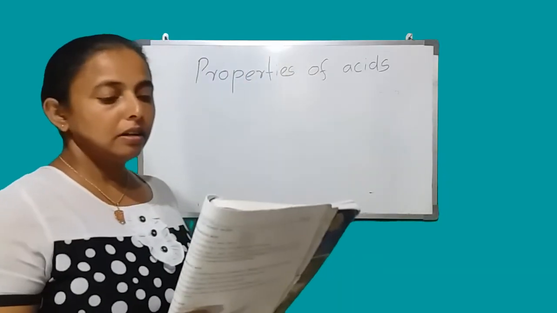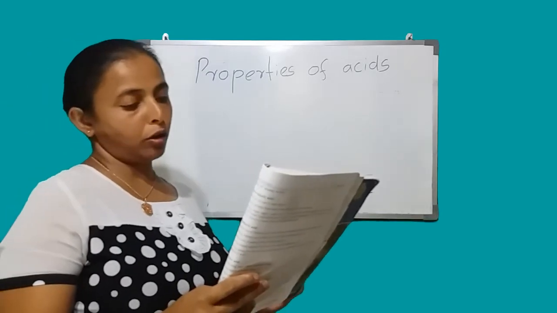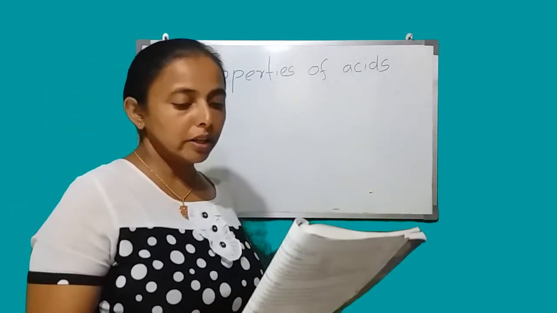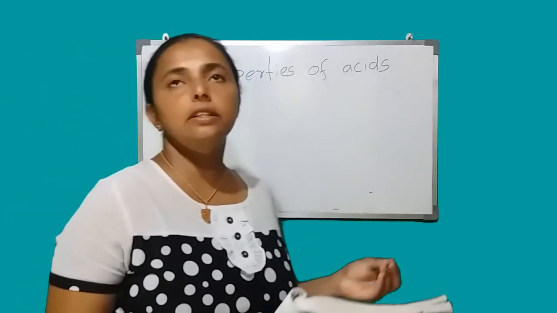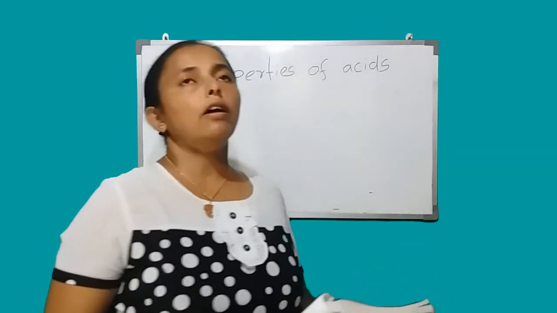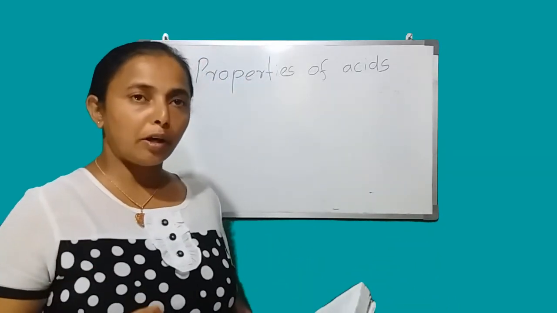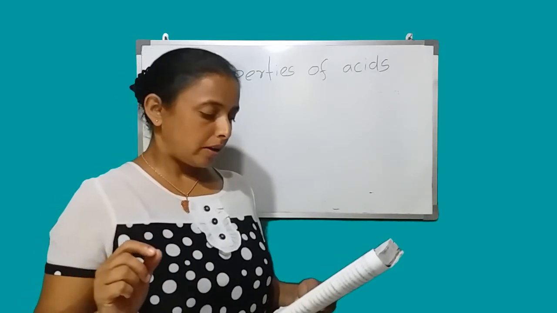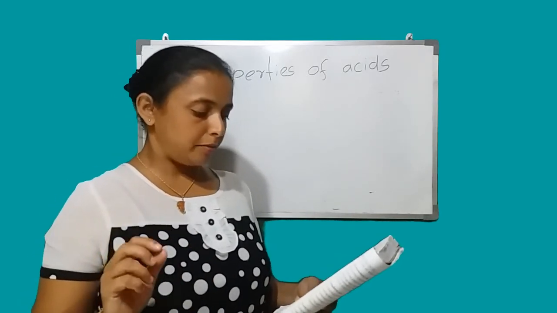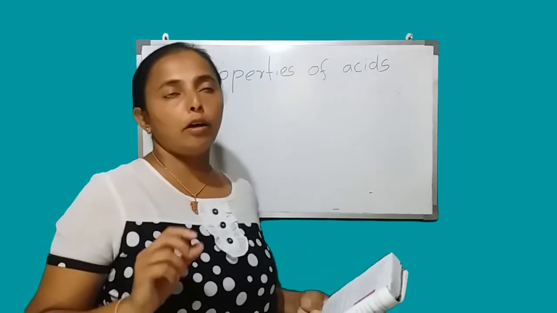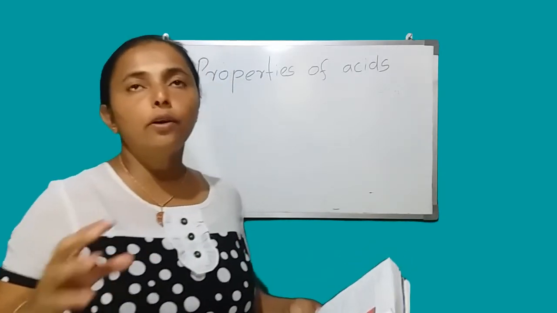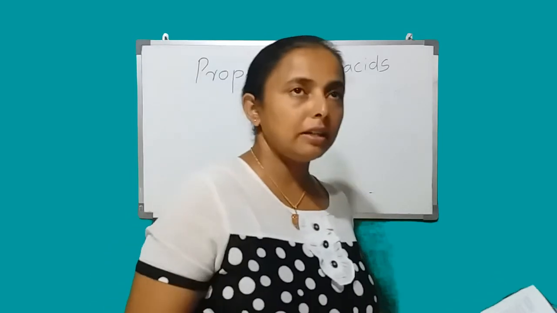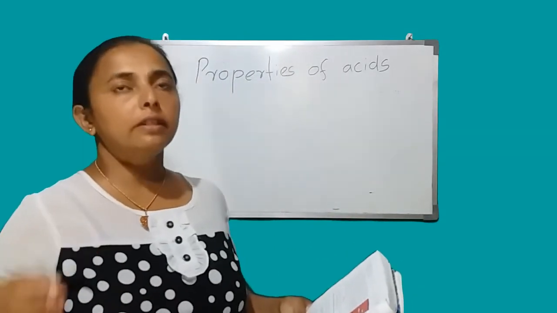Next feature of acid: dilute acid reacts with metal above hydrogen in the activity series. That acid makes the salt of the metal and hydrogen gas.